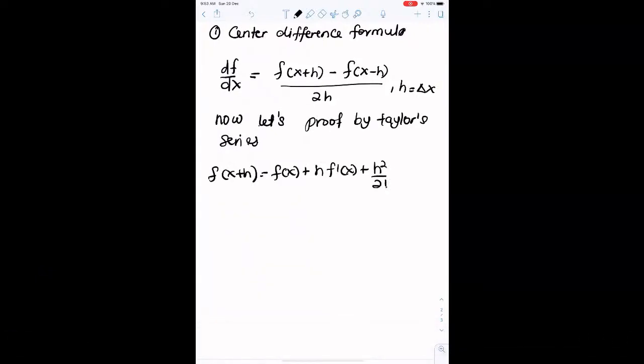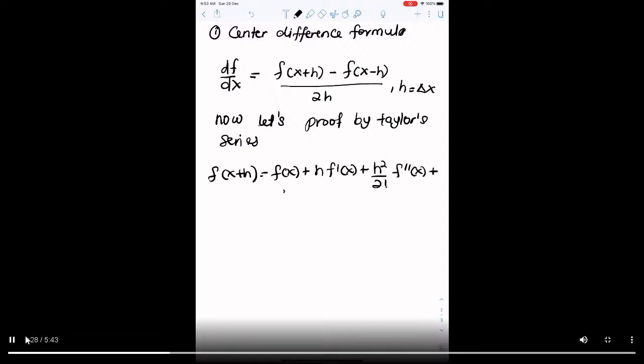Okay, so I write again. The Taylor series 5.1 is f(x plus h) equals f(x) plus h f prime x plus h squared over 2 factorial f double prime x plus h to the power 3 divided by 3 factorial f triple prime x plus, you can continue, h to the power 4 divided by 4 factorial f fourth prime.